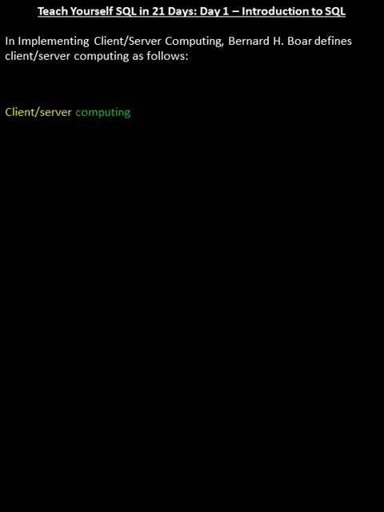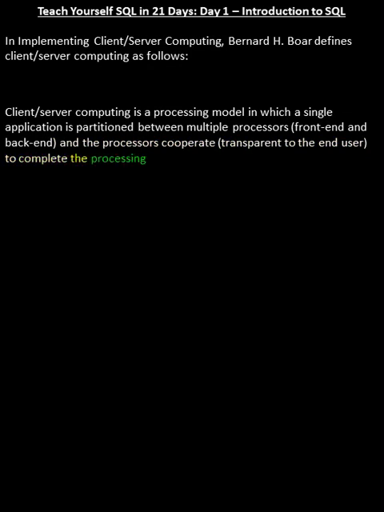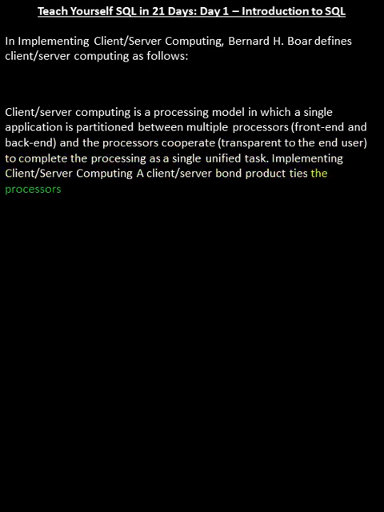In implementing client-server computing, Bernard H. Bohr defines client-server computing as follows. Client-server computing is a processing model in which a single application is partitioned between multiple processors, front-end and back-end, and the processors cooperate, transparent to the end user, to complete the processing as a single unified task.